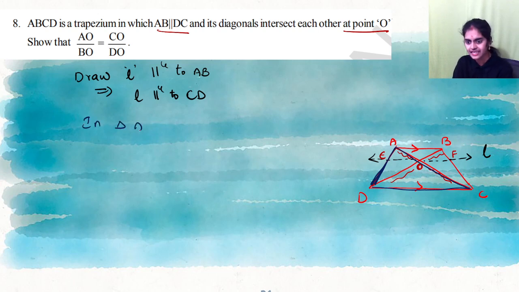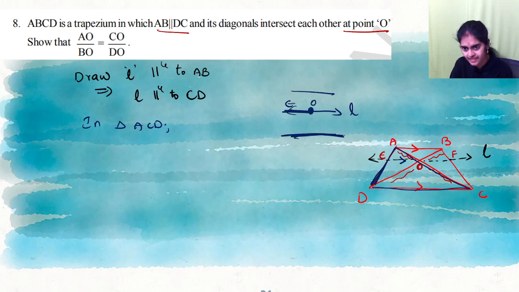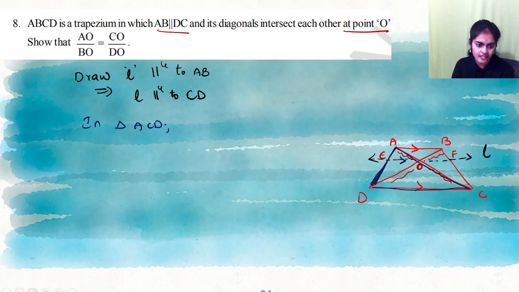In triangle ACD, you see this OE is parallel to CD. You have taken this line L, AB, CD. And part of this line, if I take OE, this is also parallel to this line, isn't it? Total line is parallel and part of the line is also parallel. Agreed or not? So here I can say OE is parallel to CD.